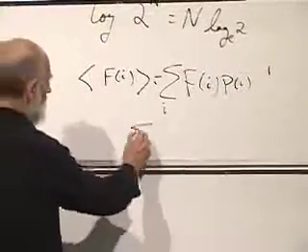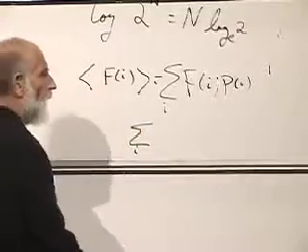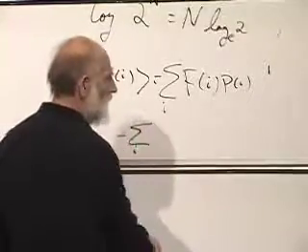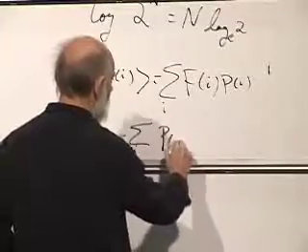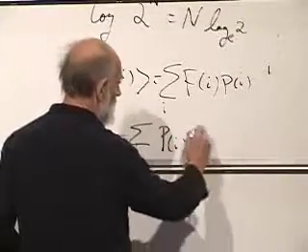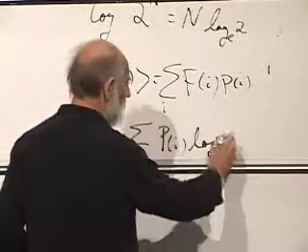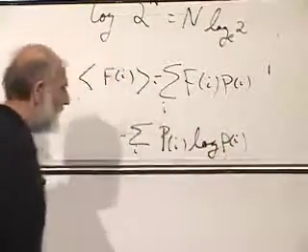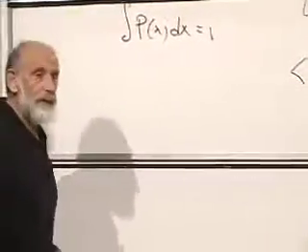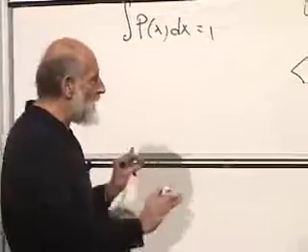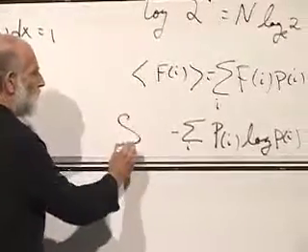It's just summation over I of minus p sub I, that's this one, times the log of p sub I. This is the final definition of entropy.